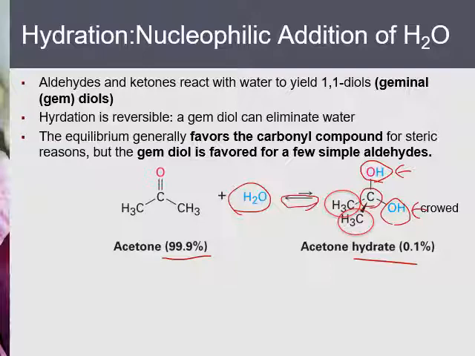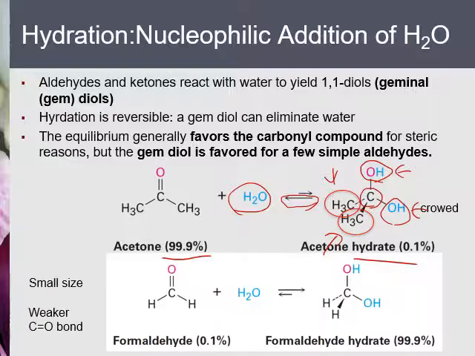In the product, the alkyl groups are crowded, making the product unstable. The reaction may favor the product if the reactant has a small size. One example is formaldehyde. The reaction has 99.9% conversion to the 1,1-diol.